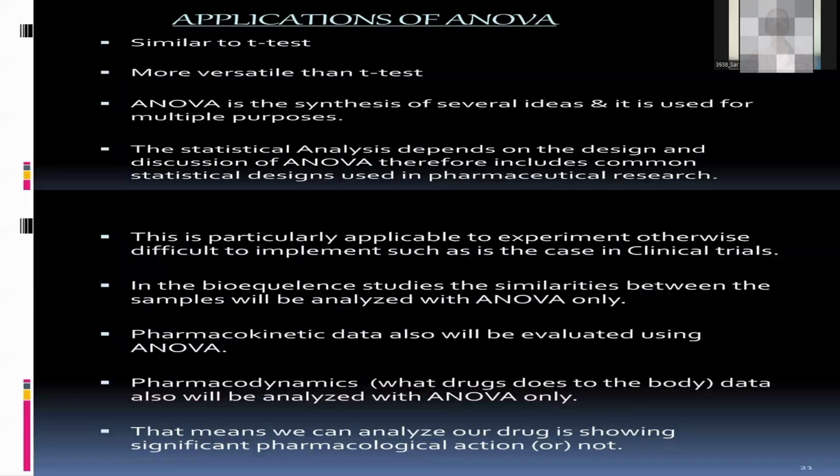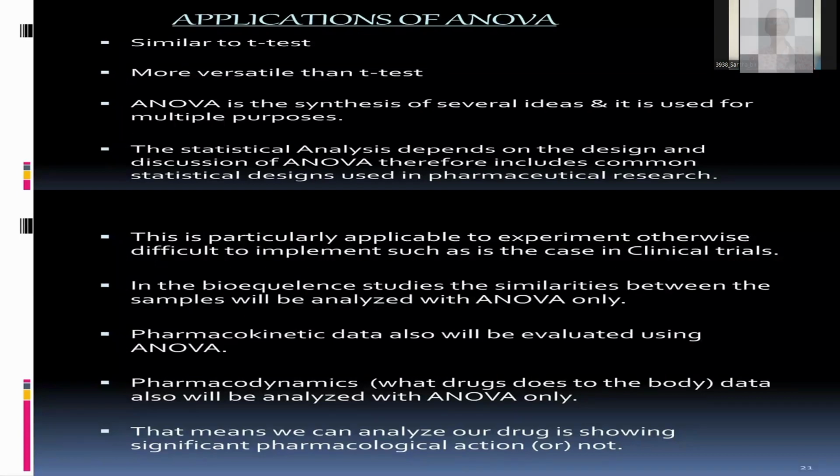When it comes to applications of ANOVA, it is similar to a t-test but more versatile. ANOVA is a synthesis of several ideas and it is used for multiple purposes. The statistical analysis depends on the design, and the discussion of ANOVA therefore includes common statistical designs used in pharmaceutical research.